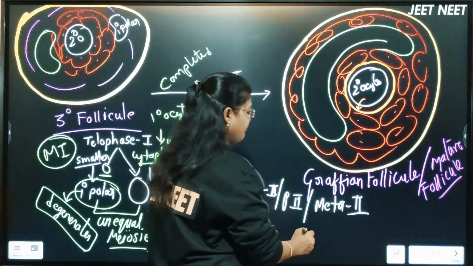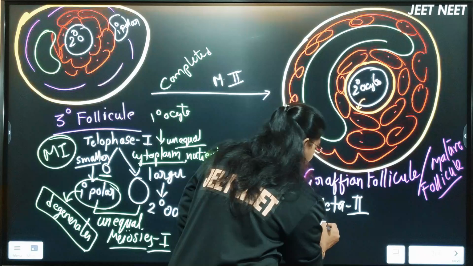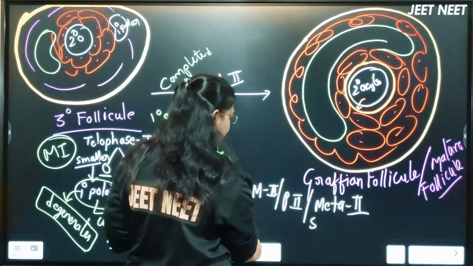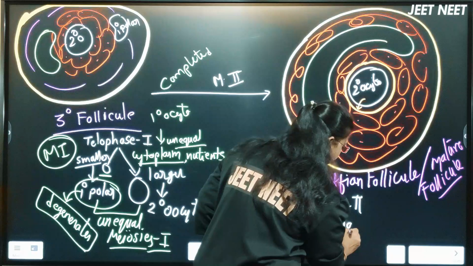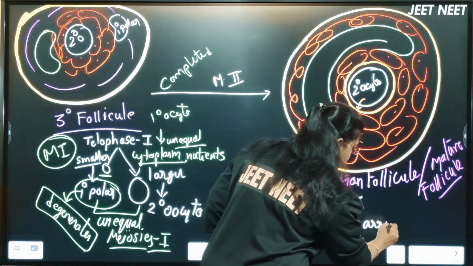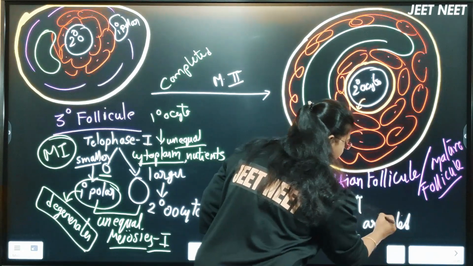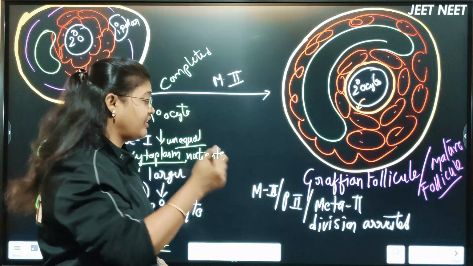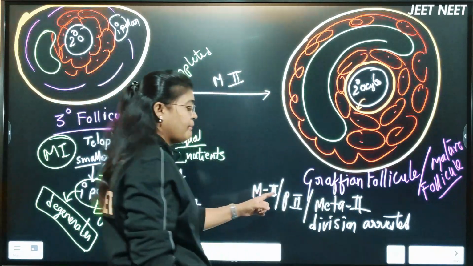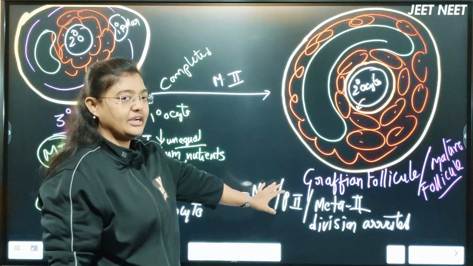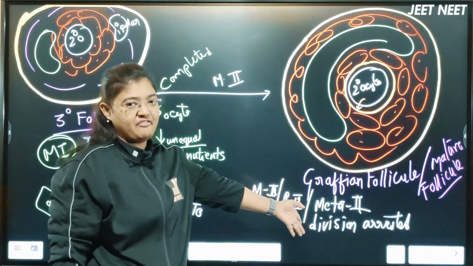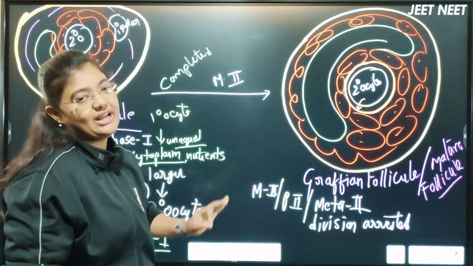Again, in metaphase 2 the division gets arrested. In which phase is the division arrested? Metaphase 2. Meiosis 2 has started, with prophase 2 and metaphase 2, and again the division got arrested.